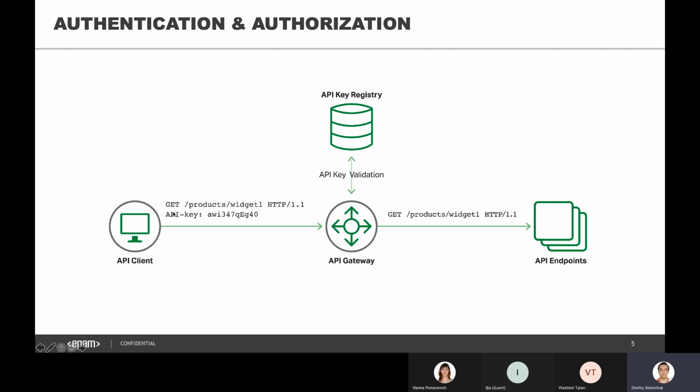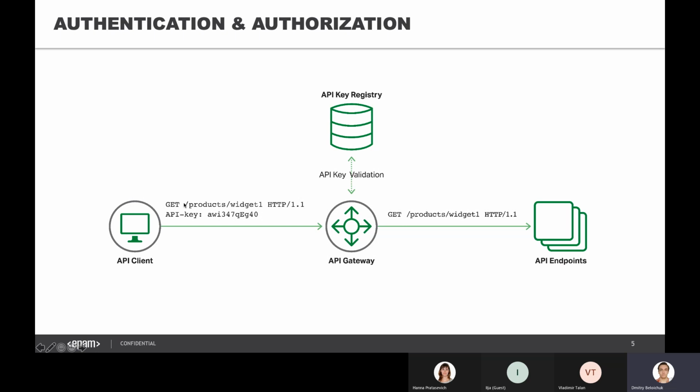Essentially, the client wants to get this request all the way through our API gateway to some kind of API endpoints. It doesn't really need to know that there is an API gateway. It doesn't really know which API endpoint will handle that or where that API endpoint is located.